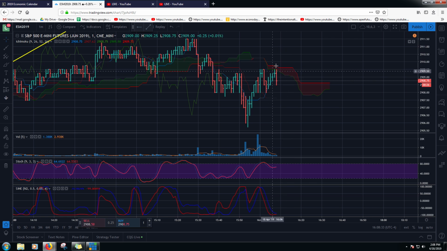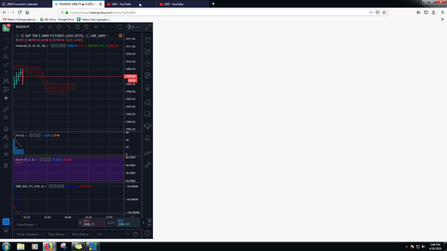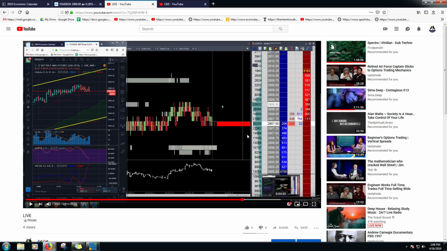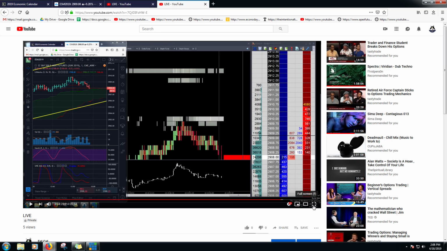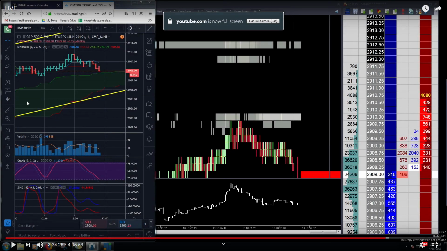As you can see, that didn't happen right here, and this is live right now. That's apparently how that works. But what I notice is if we don't go through the cloud for a good while and we start to come back to the cloud and the cloud is somewhat thick, the price always seems to just collapse through the cloud.